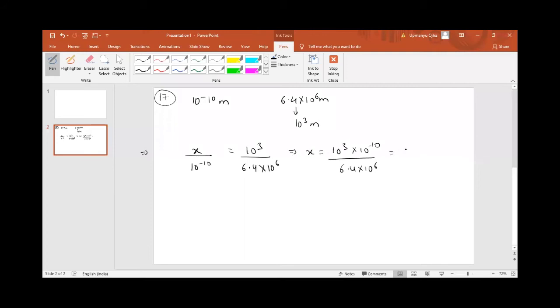So we get the answer as 1 by 6.4 into 10 to the power, how much? 3 minus 10 minus 6 is minus 13. Okay, that would be your answer. 1 by 6.4 into 10 to the power minus 13 is the answer. Okay, it is not the math class.